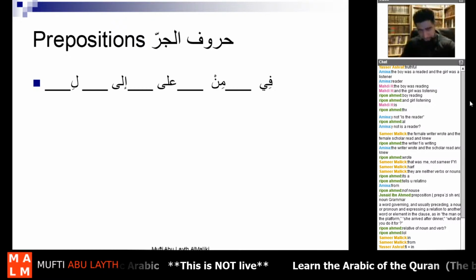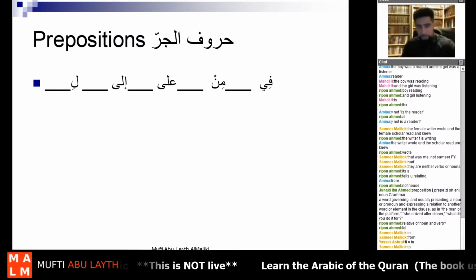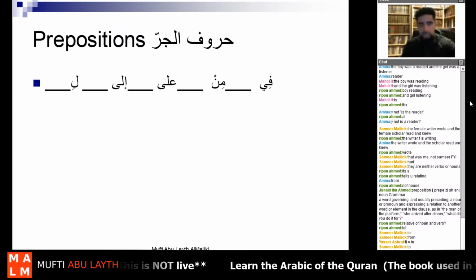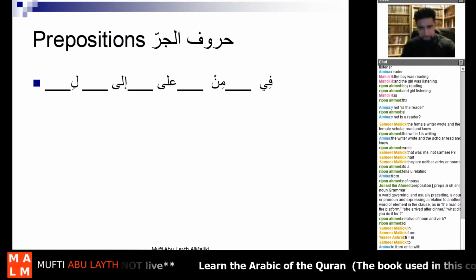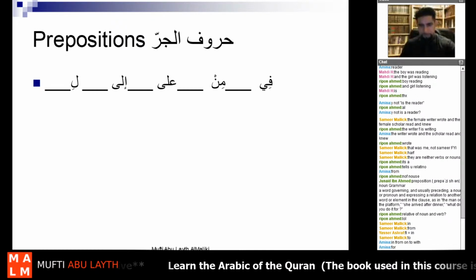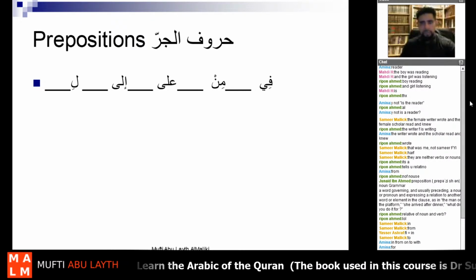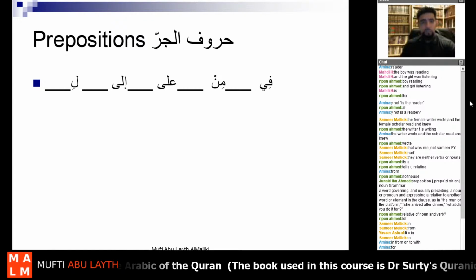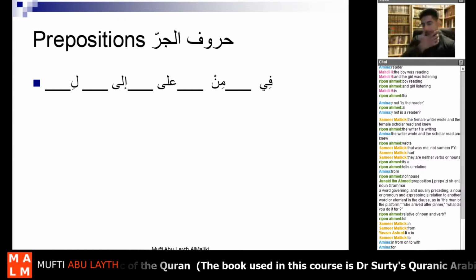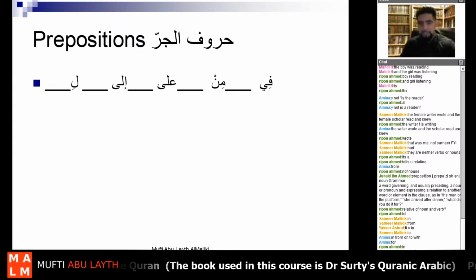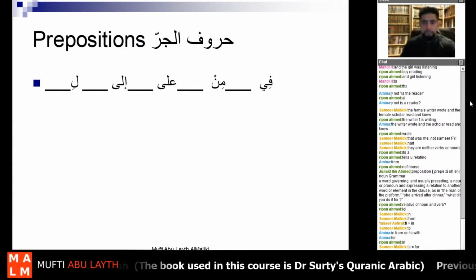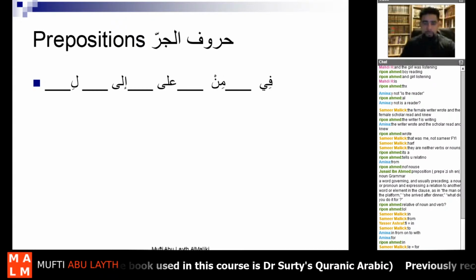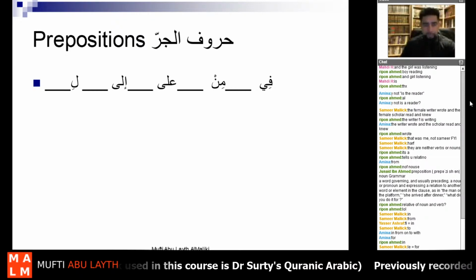Samir, you've written two for ala, that needs to be questioned. Ripon, in, li, for, yep, correct. It's more li, as opposed to le. Ala, on, ahsant.